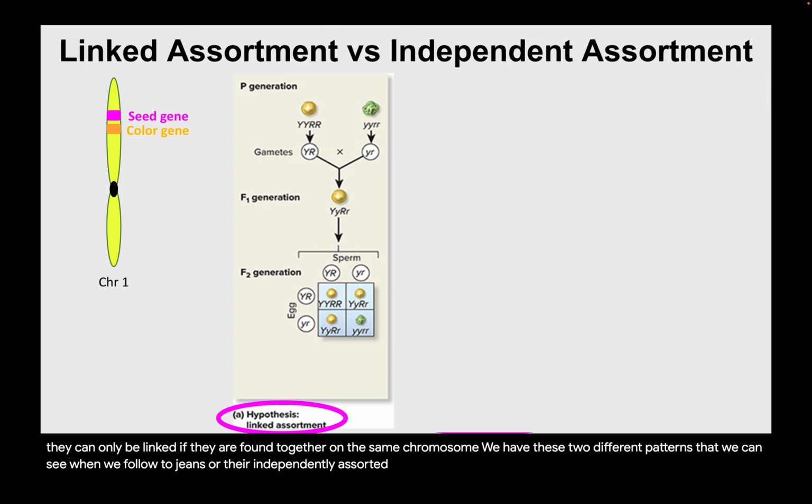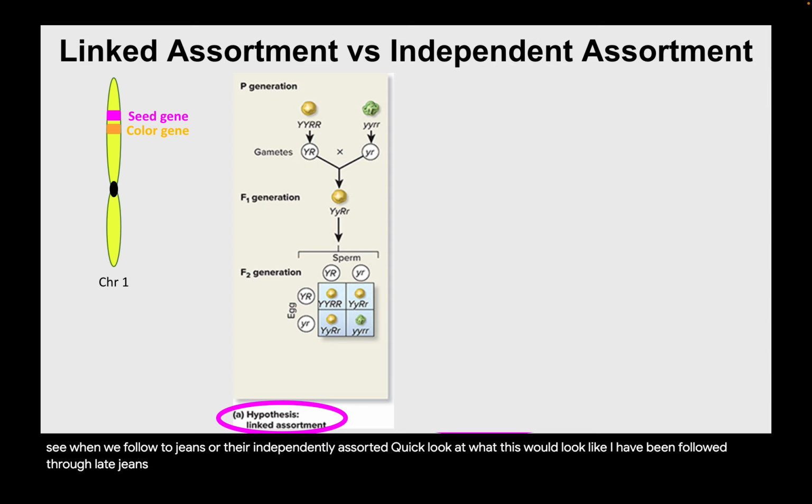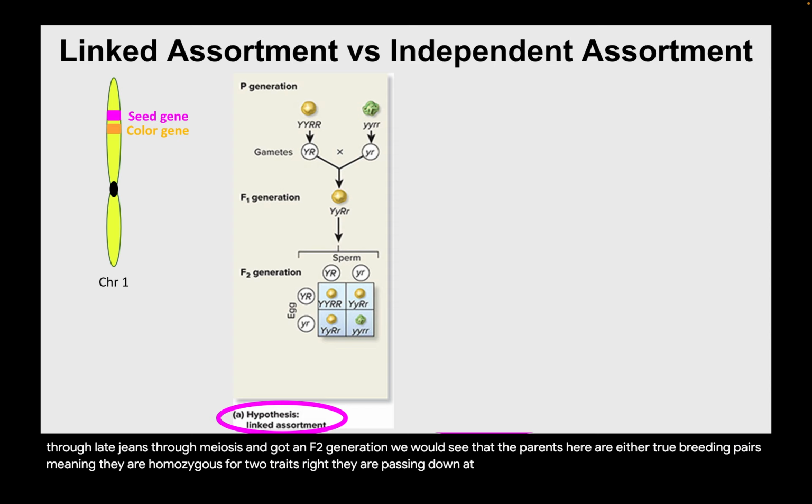If we take a quick look at what this would look like, if we followed through linked genes, through meiosis, and got an F2 generation, we would see that the parents here, these are true breeding pairs, meaning they are homozygous for 2 traits, right? They are passing down their alleles to that F1 generation.